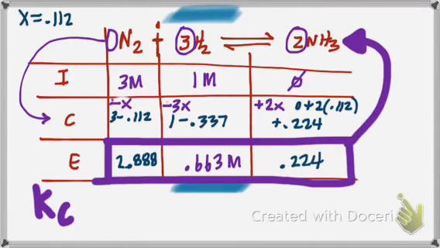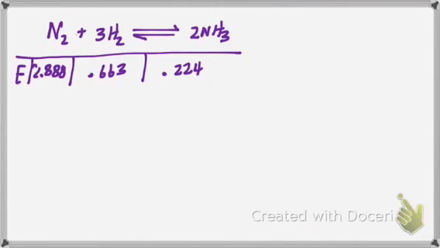Writing KC expressions was one of the first things that we did in this unit. I have to use all of those values to find my actual KC value now. So in this slide, I just reminded you of your equation, and then I pulled over the equilibrium values. Here's how you're going to finish this up.